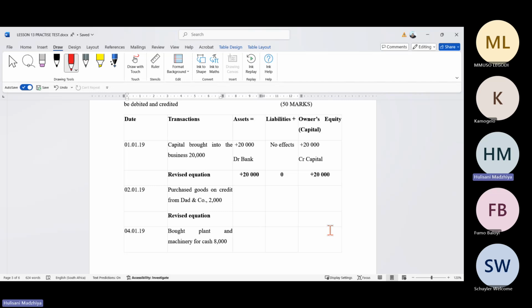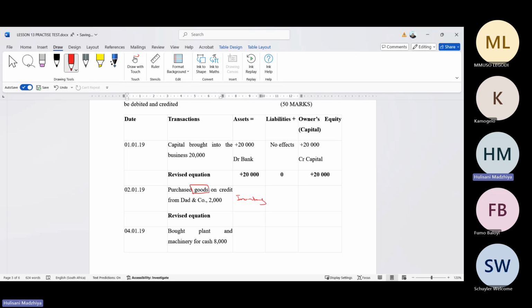So when you write this, this is how you will have to do it. Purchase goods on credit from Das and Co. So we are purchasing goods, and goods is known as what? What is the other word for goods? Another word for goods is inventory, which is already an asset. And since we're saying on credit, you were partially correct by saying liability, but liability is an element.